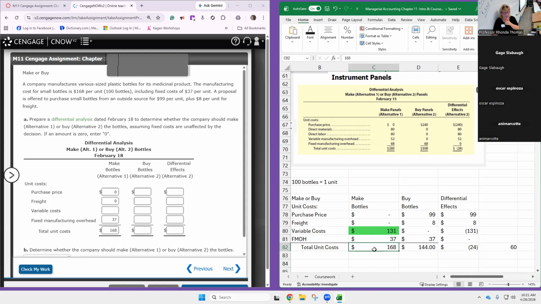But do we want something that costs us 168 or 144? This looks like the better option. It looks like the better option to buy the bottles, get rid of the equipment, but we would also have to get rid of who? The workers who are making those bottles. So that saves even more money, I know. But all right, so let's plug this in.